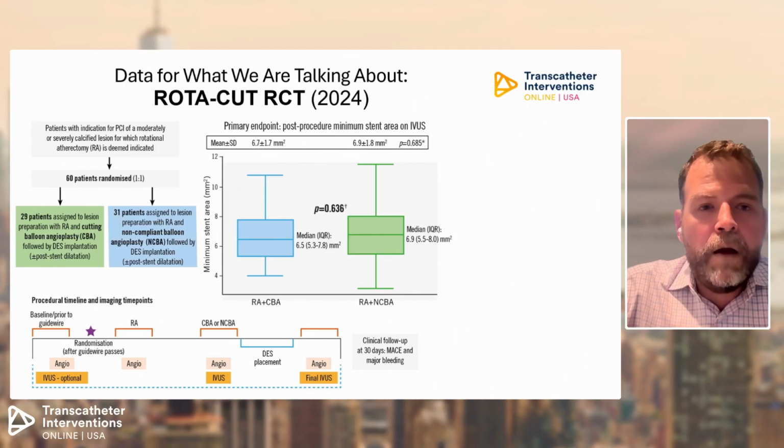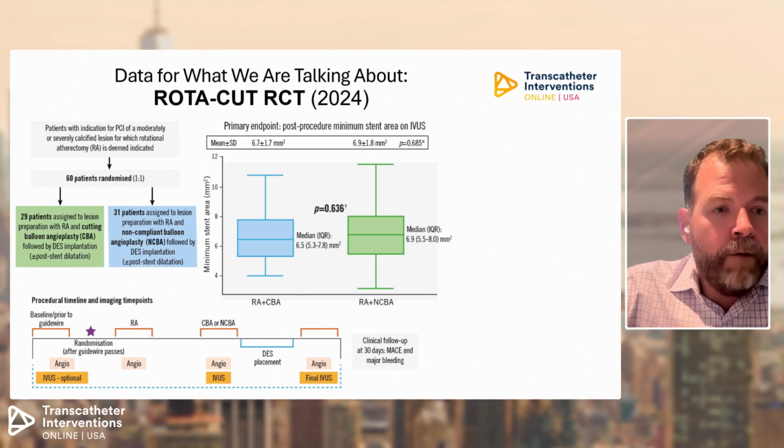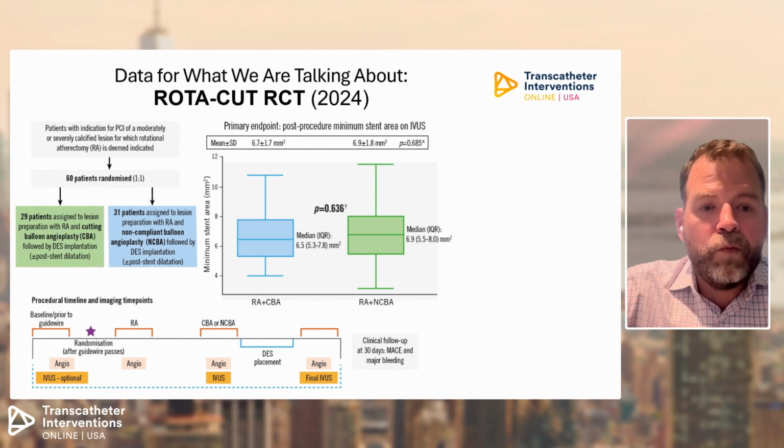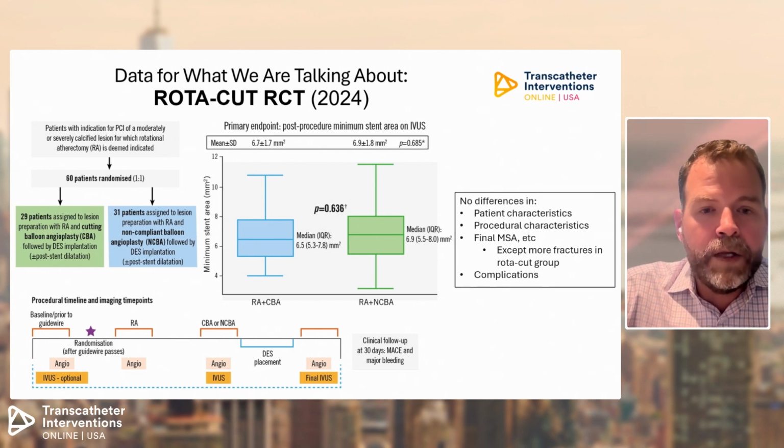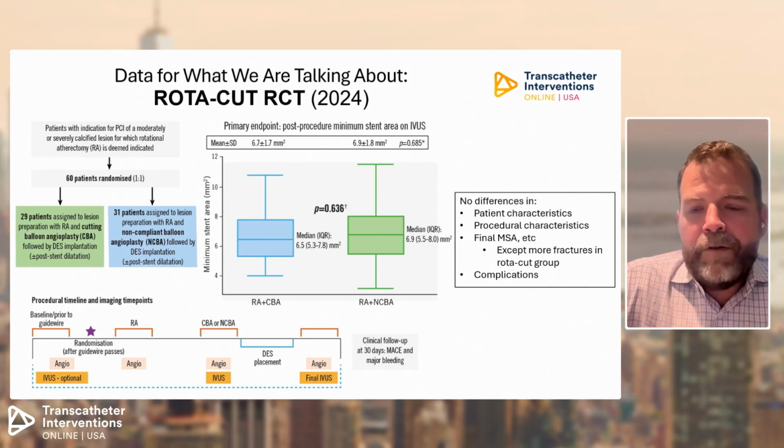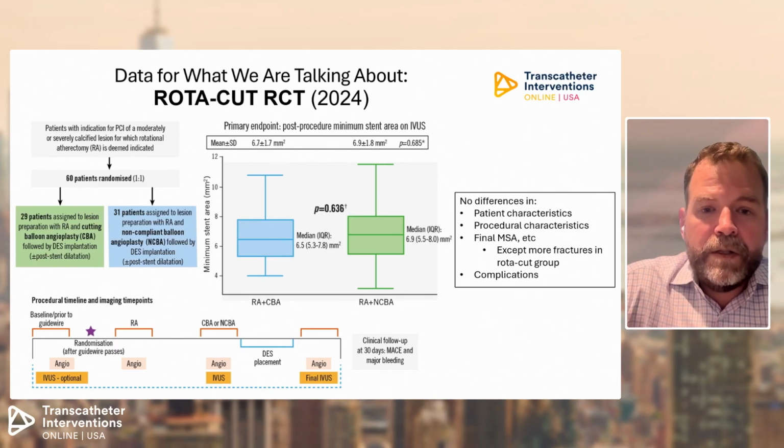a prospective study, the rotacut randomized control trial that did come out, again looking at rotational atherectomy followed by cutting balloon versus non. And what we see here is really no significant difference in any of the primary outcomes. We really didn't see too much in terms of final MSA. Fractures, what does that mean? Again, the things we know affect outcomes, there really was no difference.